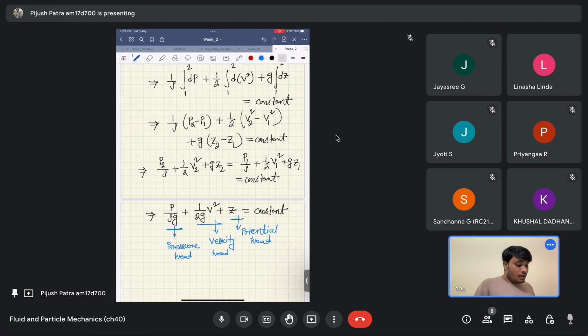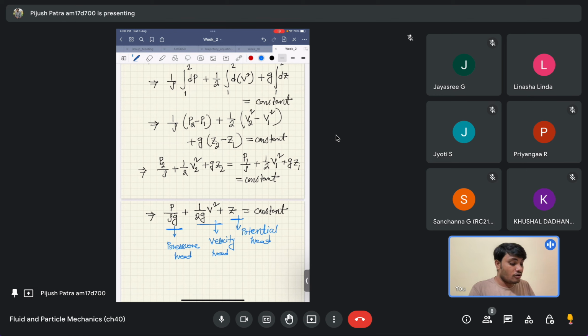In a different sense you can say, from the concept of conservation of energy which sir taught in a lecture, that the total mechanical energy is conserved.